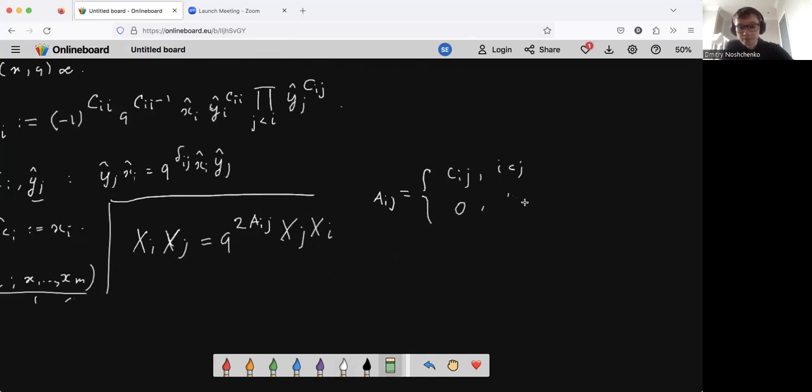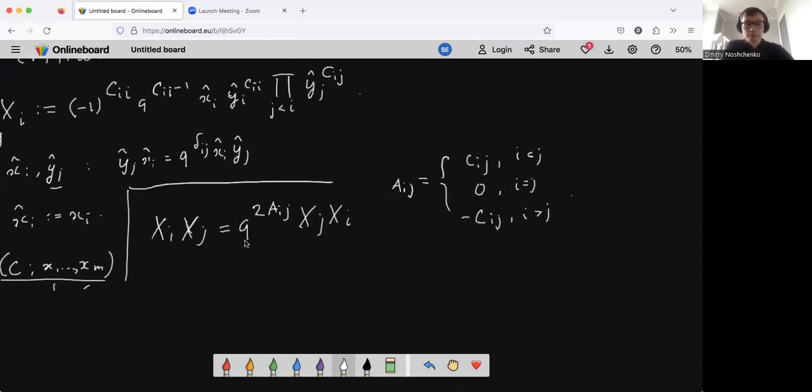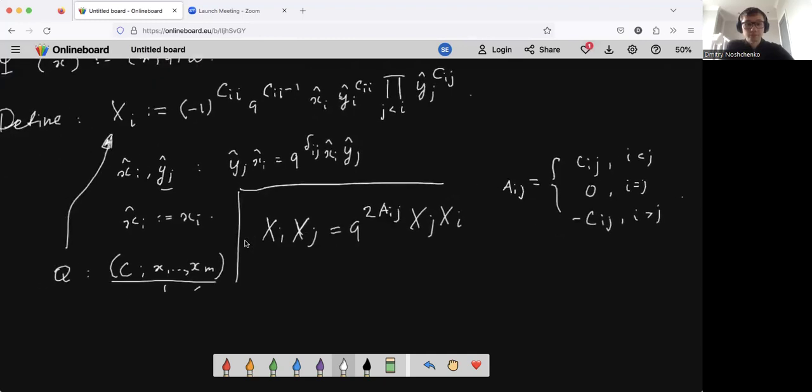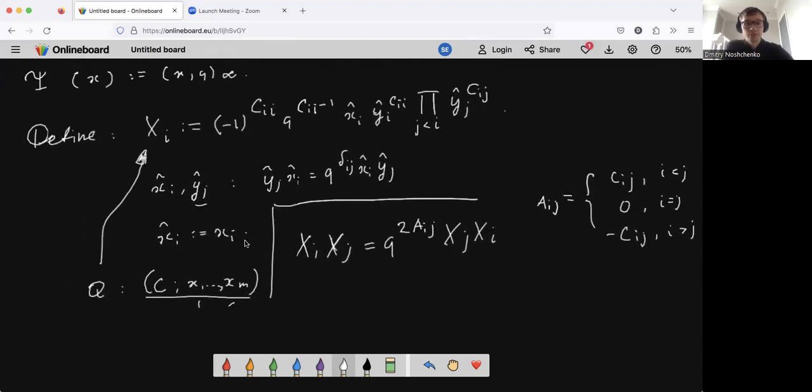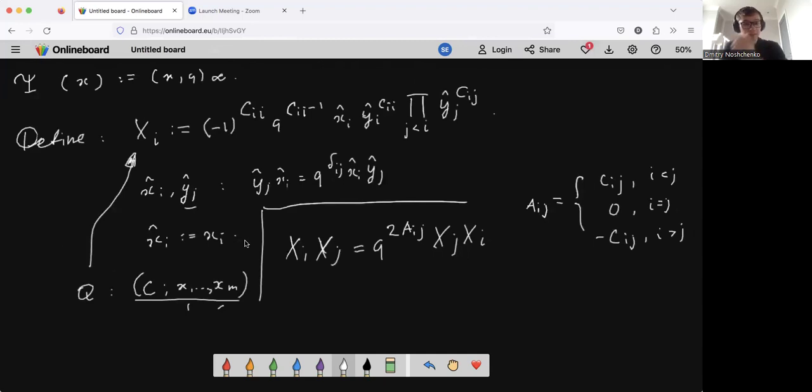Sorry, I did something stupid here. That's minus cij. It should be like that. So we have a quiver, we have chosen the ordering of the nodes, and one can define a family of non-commuting operators which depend on the quiver via the quiver matrix entries.